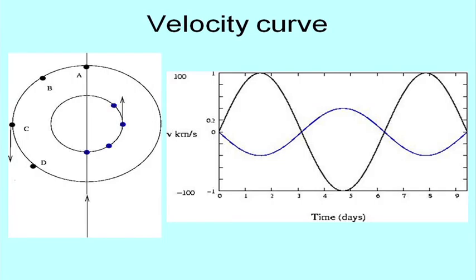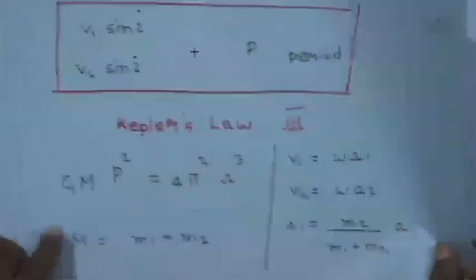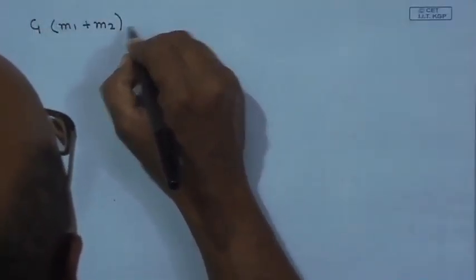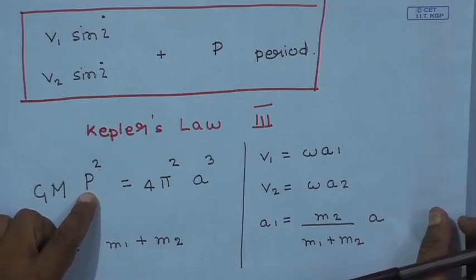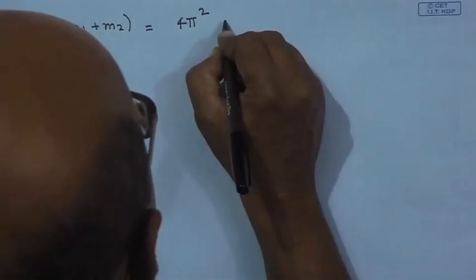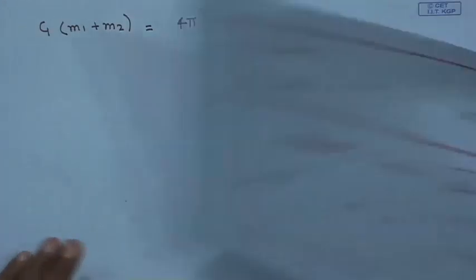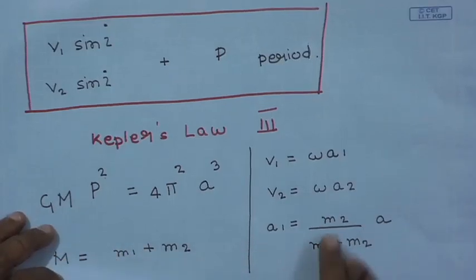So, what we will do first is write this as G (M1 plus M2) into the period squared is equal to 4 pi squared a cubed. The period is 2 pi by omega, so I can write this as 4 pi squared by omega squared, and I have a cubed over here, and a cubed can be written as (M1 plus M2) divided by M2 into a1.